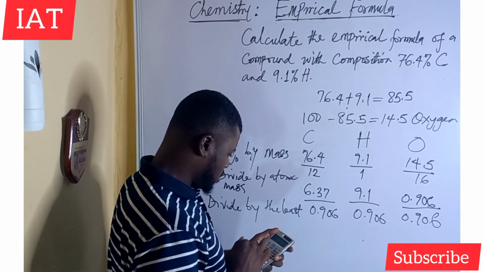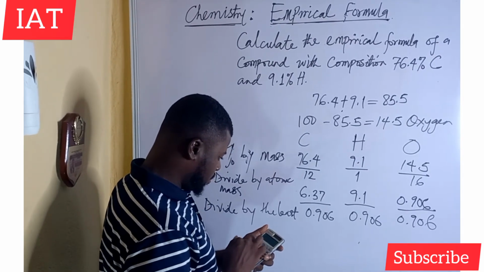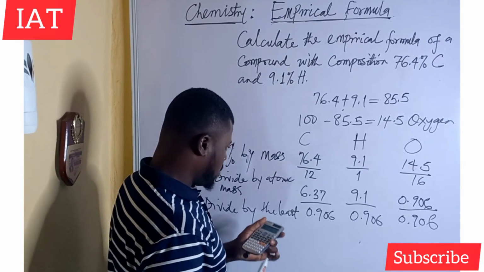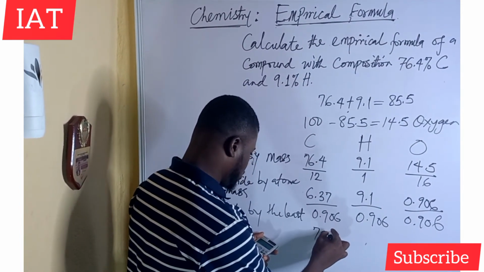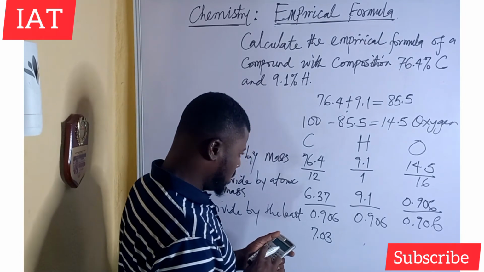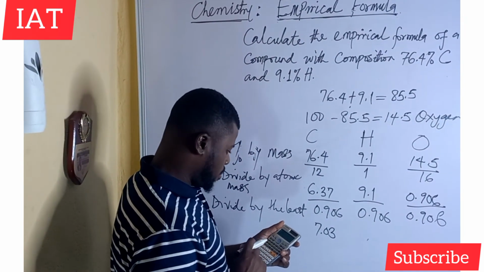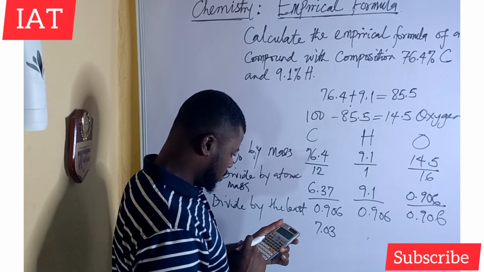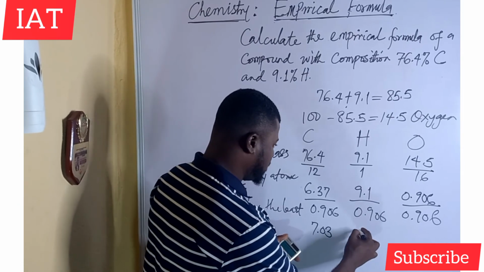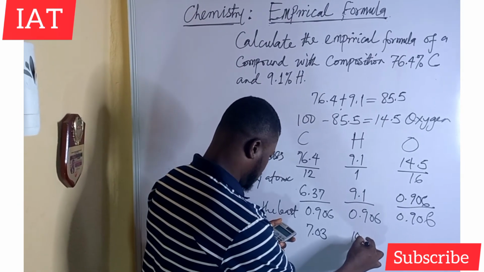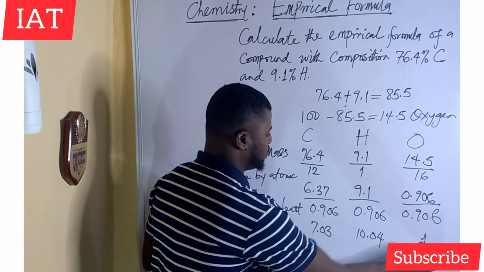6.37 divided by 0.906. We have the result here to be 7.03, and the next one is 9.1 divided by 0.906, and we have 10.04, and this divided by itself is 1.